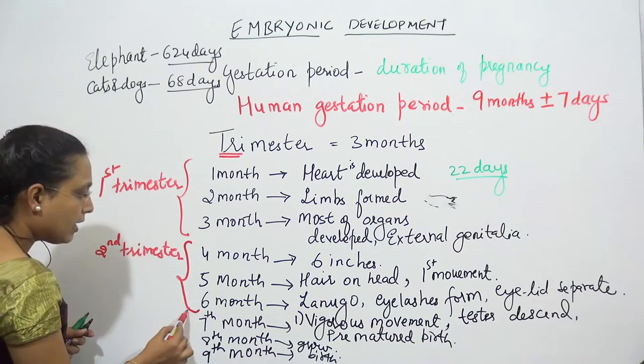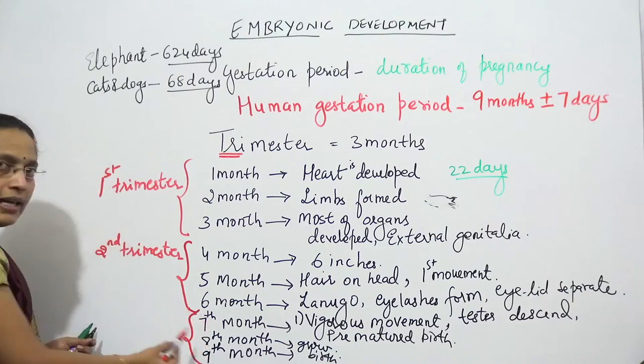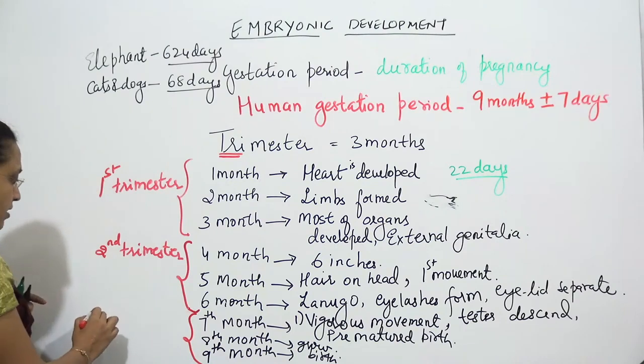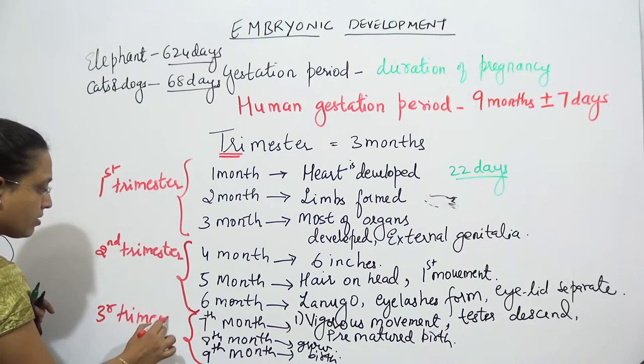And definitely, what is this called again? This is called a trimester. 7th, 8th, and 9th is one trimester. This was the first trimester, this is the second trimester, and this will be the third trimester.